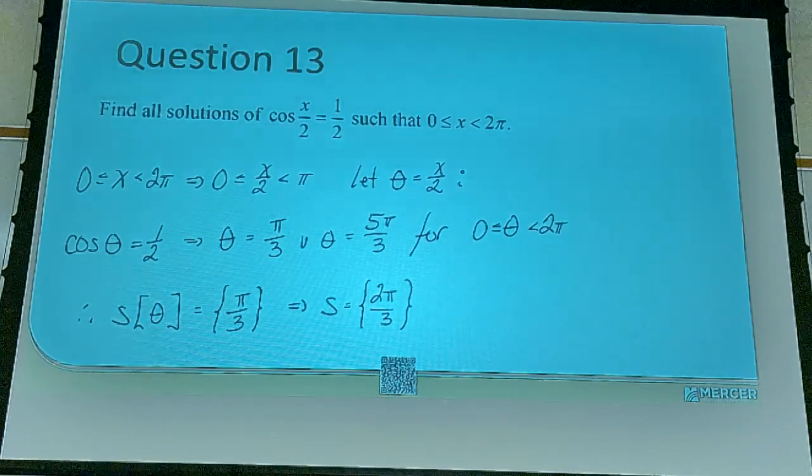So again, those are pretty straightforward if you're dealing with just a single trig function.